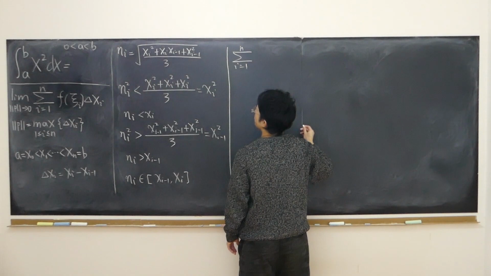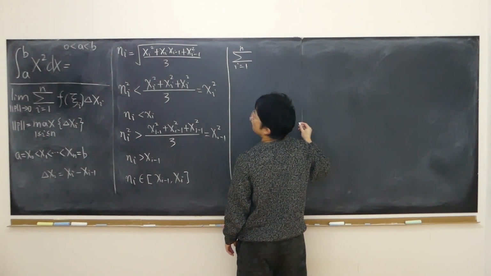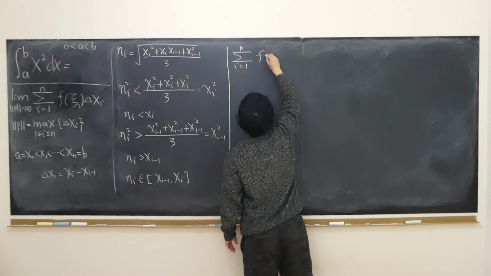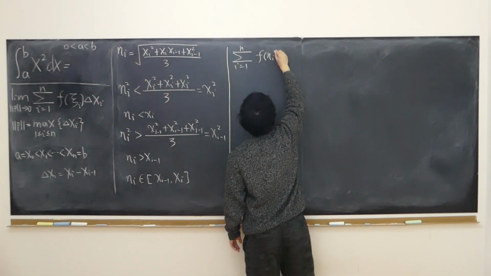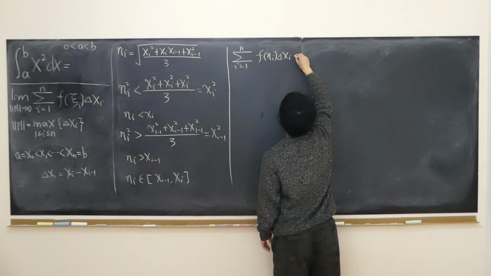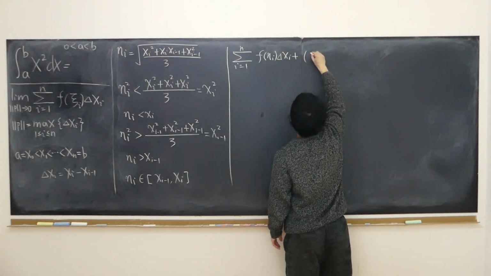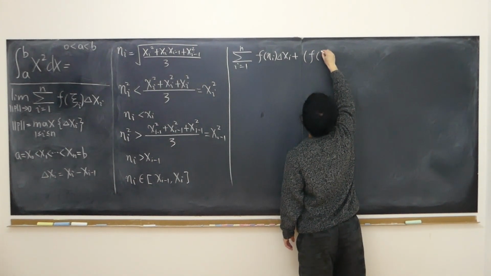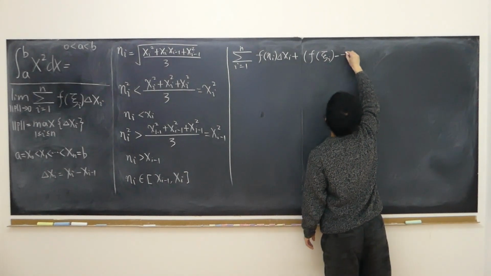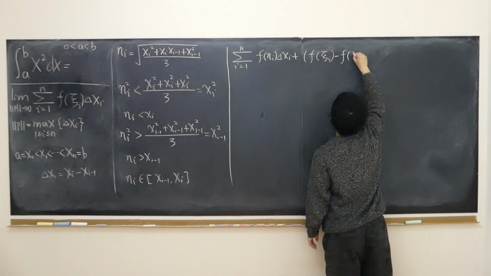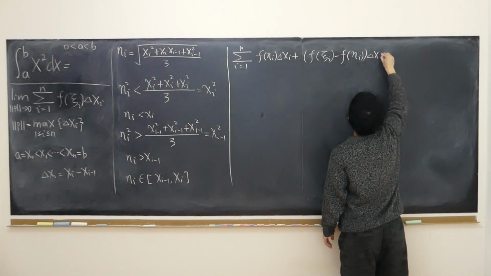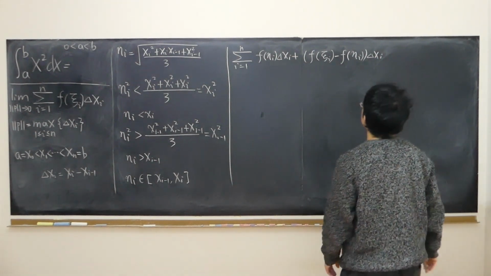First of all, I'm going to use eta_i: f of eta_i times delta x_i, and I'm going to plus f of x_i minus f of eta_i times delta x_i.